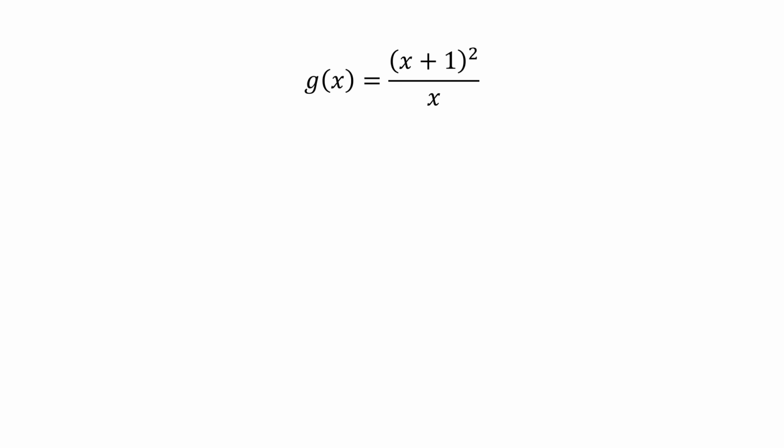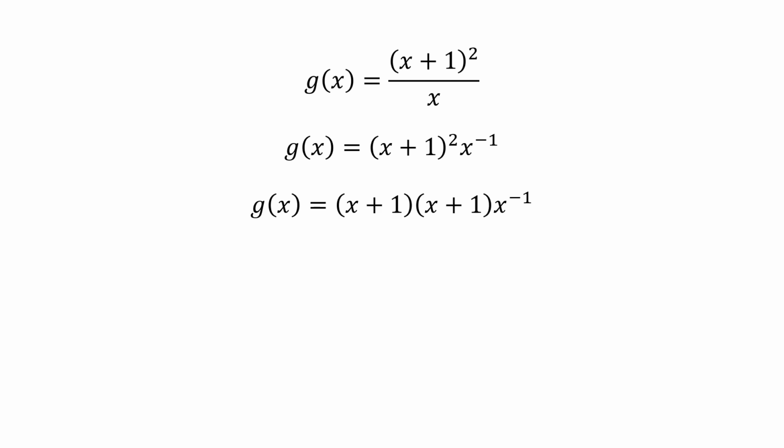We start by rewriting the denominator using negative exponents, which gives us g of x equals (x plus 1) squared times x to the negative 1. We now rewrite (x plus 1) squared as (x plus 1) times (x plus 1), giving us g of x equals (x plus 1) times (x plus 1) times x to the negative 1.